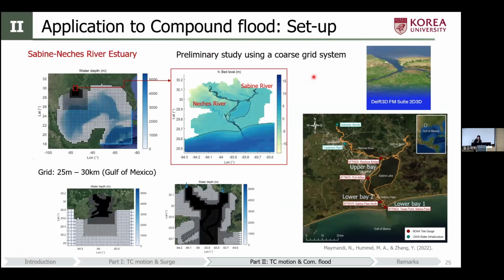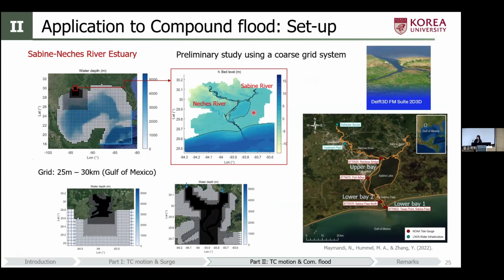And this is the domain of our numerical model. This area is located in Texas, the Sabine-Neches river estuary, river basin, and our domain covers the Gulf of Mexico, and the finest domain was in this basin.